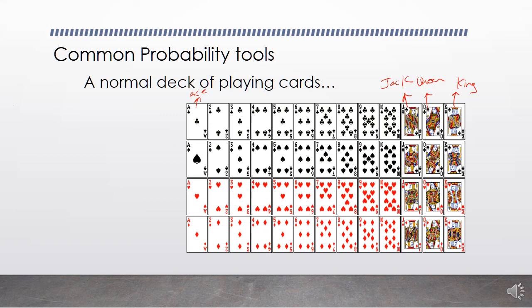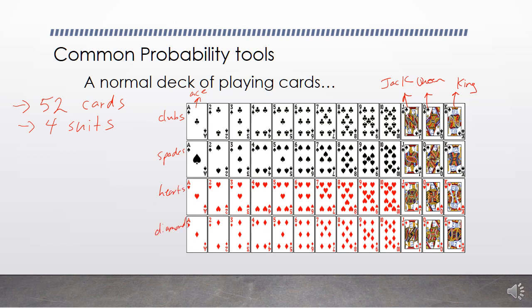So here are some common characteristics. There are 52 cards in a standard deck. Again, we're not including jokers. There are 4 suits. These right here are clubs. These are spades. These are hearts.